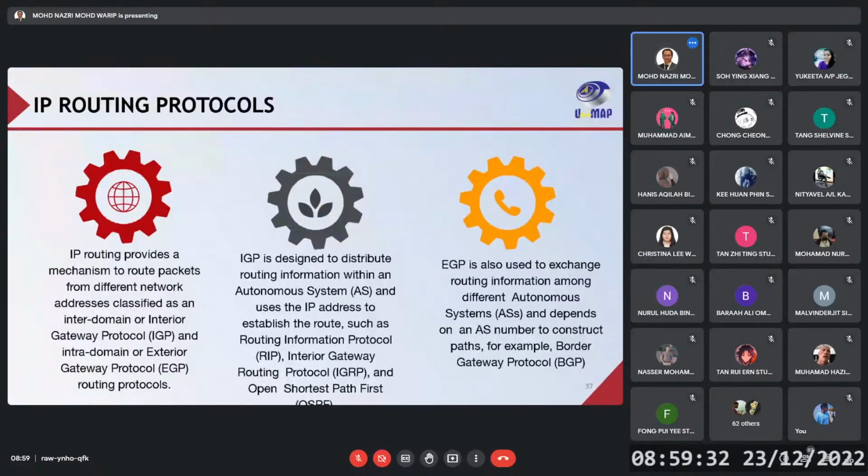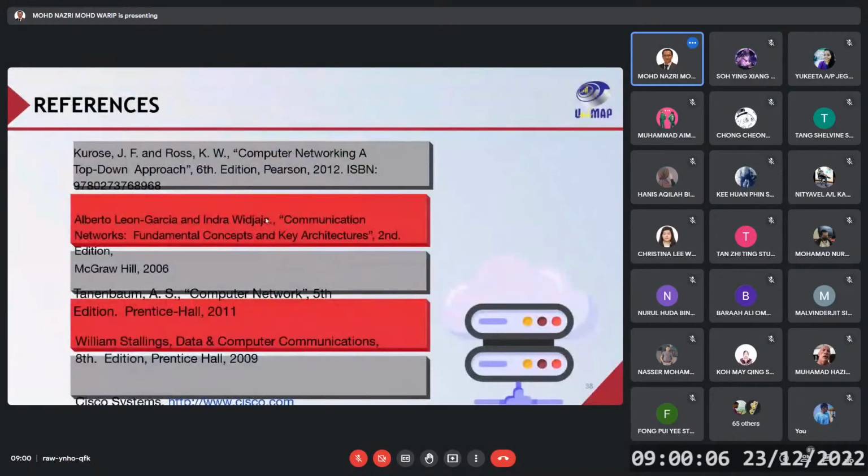For example, OSPF, maybe IGRP. We choose these two protocols for our class.